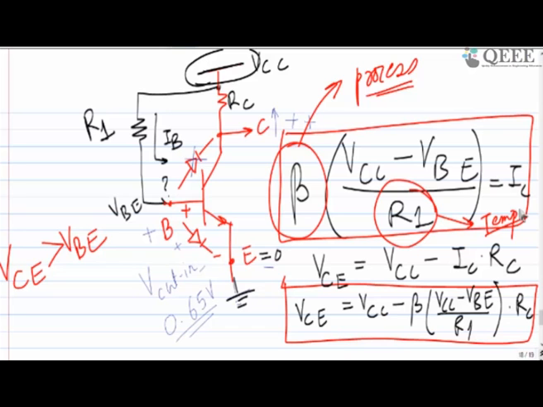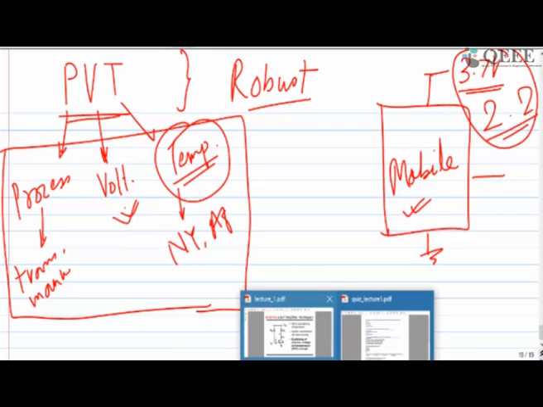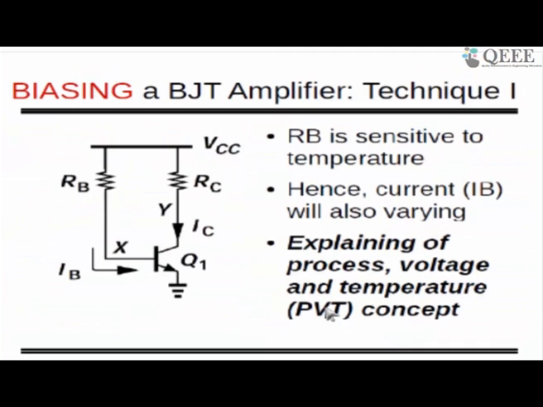If you take the same circuit to a different part of the country or different part of the world, you will get different results. You will not get the same answer. So this is an unsuccessful idea, I should say, because it has process dependency, it has temperature dependency, and of course it has voltage dependency.